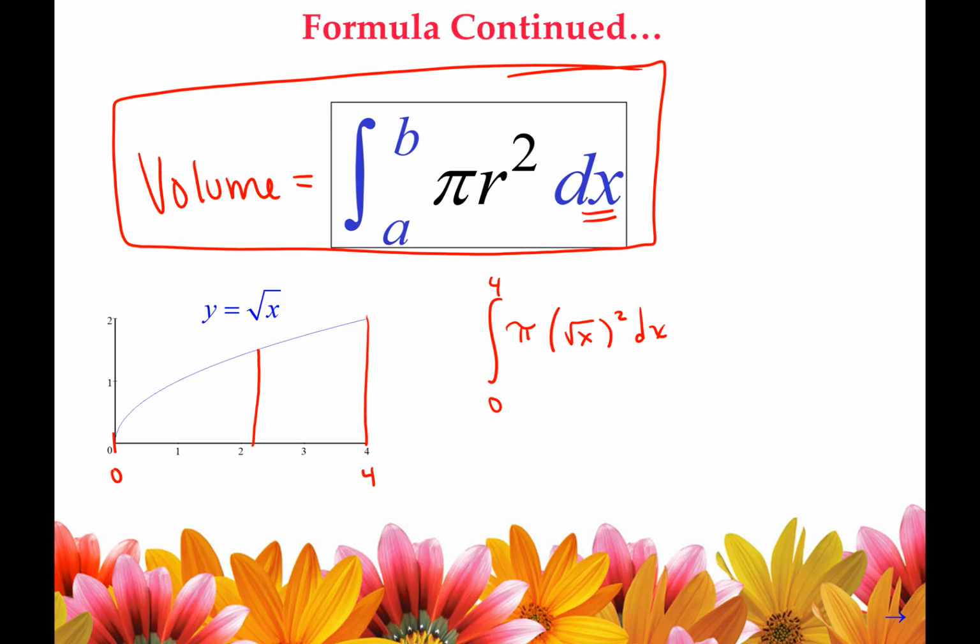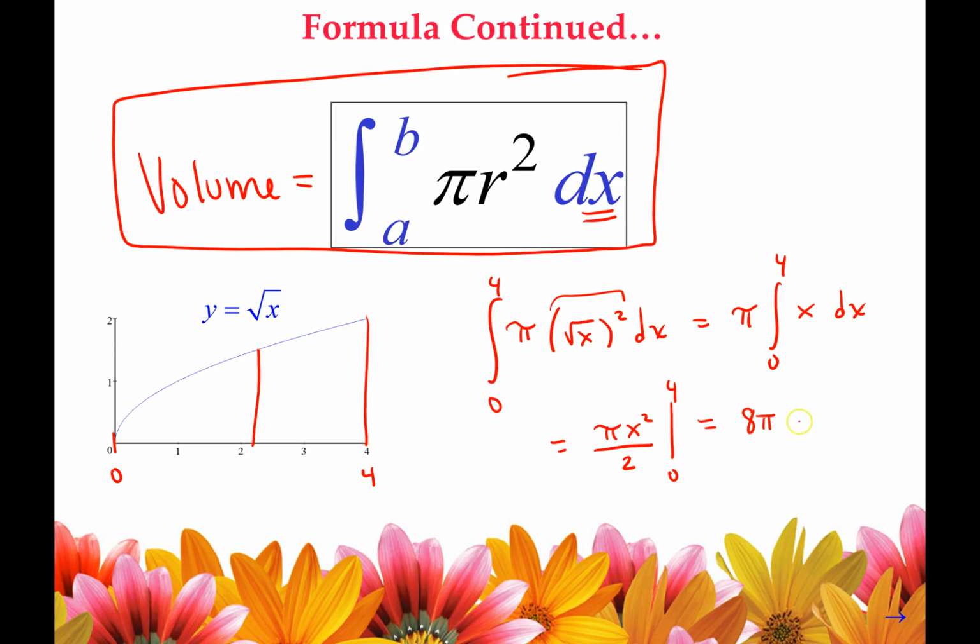All right, so I'm going to go ahead and solve this. I'm going to pull my pi out. I'm going to have from 0 to 4. I know that the square root of x quantity squared undoes itself, and it's just giving me x dx. So now I find the integral. That's going to give me pi x squared over 2 from 0 to 4. Plugging in 4 first, I get 16 pi over 2, which is 8 pi.